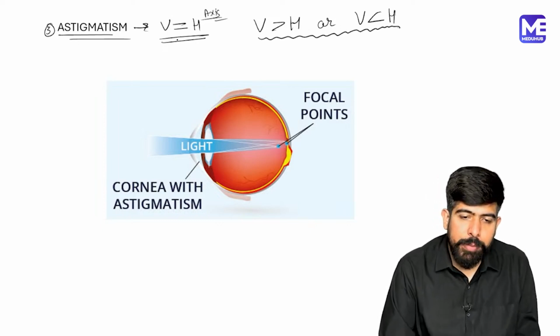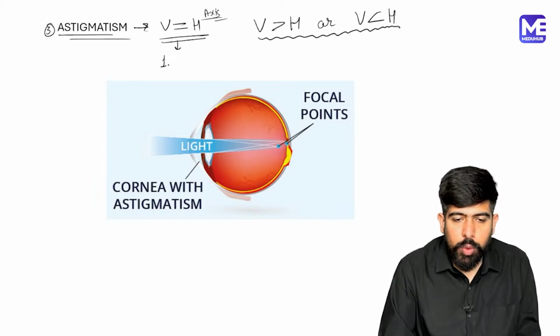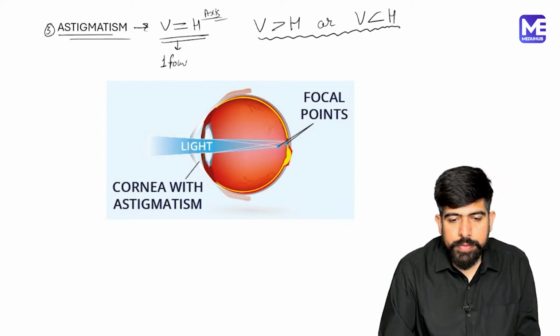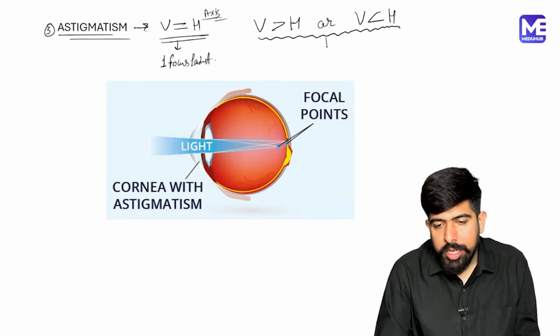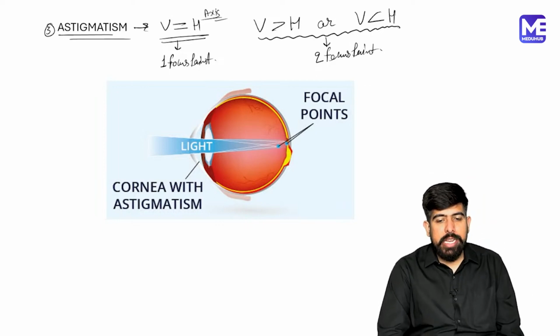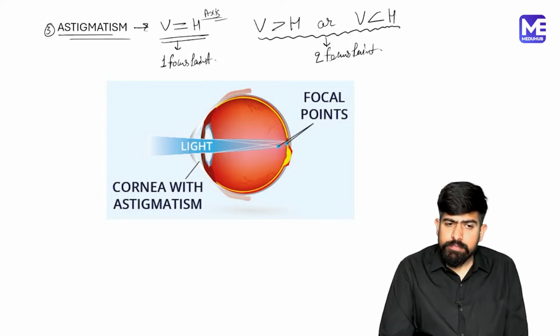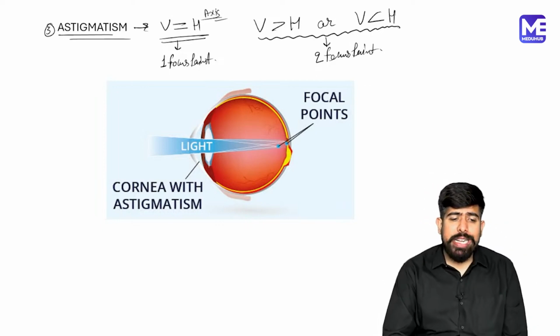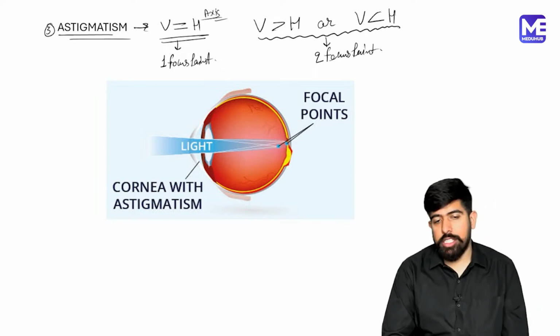If they are the same, they make one focus point, and if they are different, they will make two focus points. Did you understand? So in this condition the patient has the vertical or horizontal axis changed.